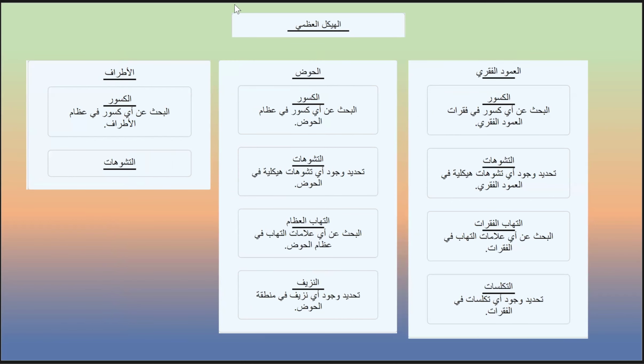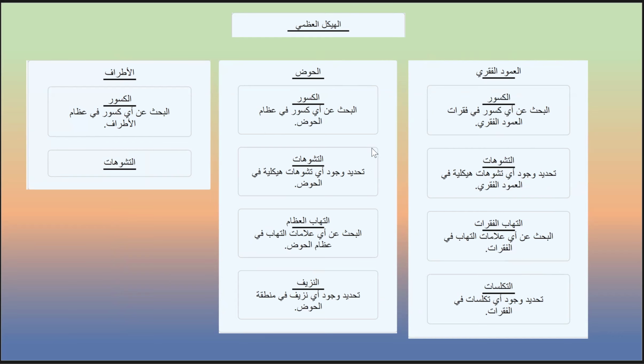In the bony structure of the abdomen, we look for the spine, we look for fractures, we look for any abnormalities, and we look for any inflammation, calcification, or tumor masses.